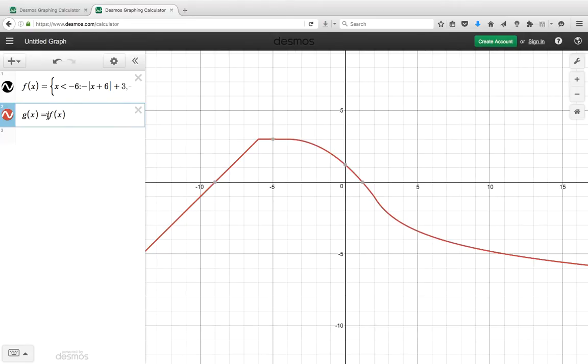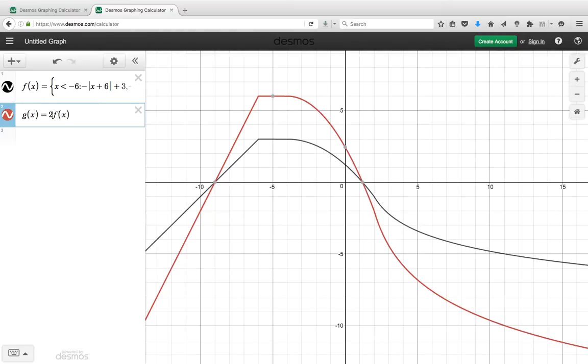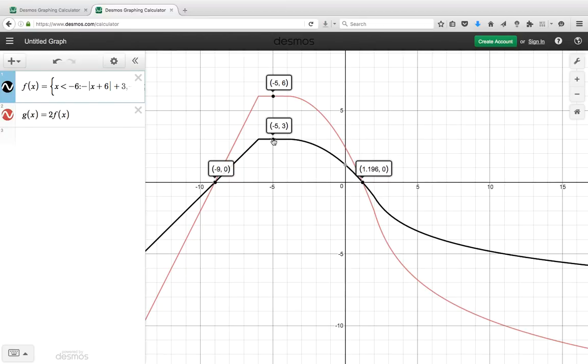The first thing is we multiplied by 2 outside, and we said multiplying by 2 outside stretches the y-coordinate away from the x-axis. And there, it's very obvious. The x-intercepts are staying the same, and all of the y-coordinates are being doubled. So you can see that so far this is matching with what we said before.